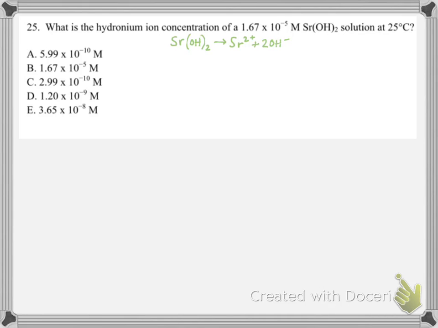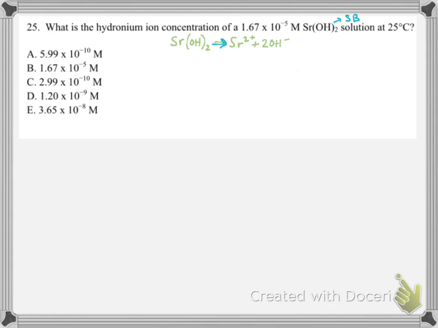Okay, for number 25, we want to figure out the hydronium concentration in the strontium hydroxide solution. So I think it's important to remember that strontium hydroxide is a strong base. So it will completely dissociate into strontium ions and hydroxide ions.